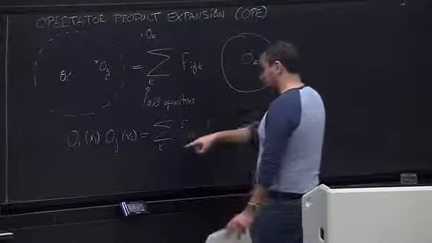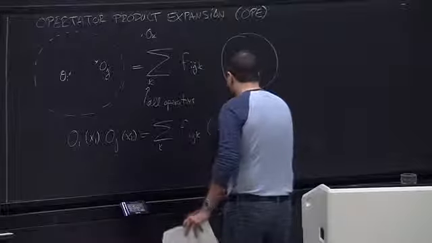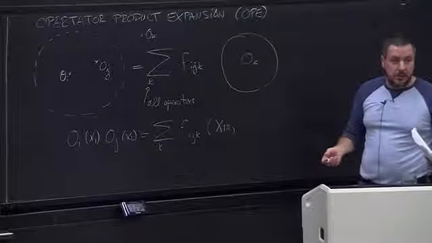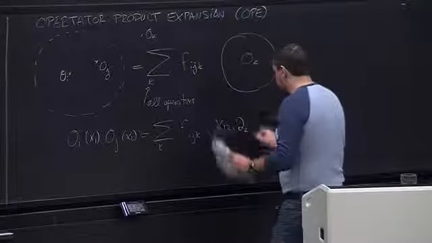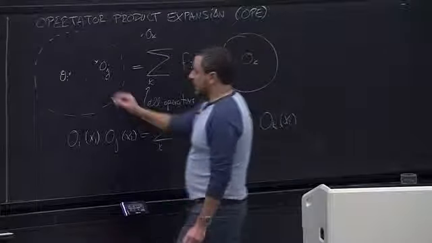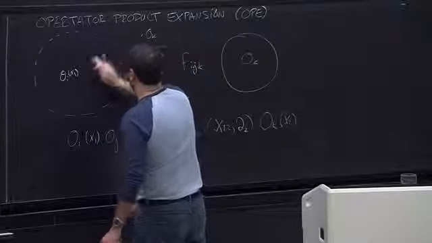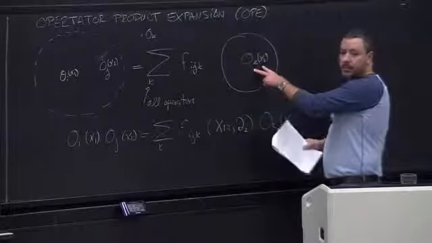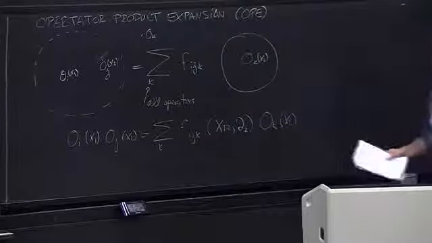The coefficient is a function of the initial operators and k, which labels all the operators I'm summing over, and it is a function of x_12, the difference of 1 minus 2, that's just translational invariance, and some derivative, which I'll explain in a second, times O_k evaluated at x2. So if this one was at x1 and this one at x2, I can put this one at x2. It turns out that it doesn't matter where you put it. You can put it anywhere on the sphere. This will only change this function by translational invariance, essentially.